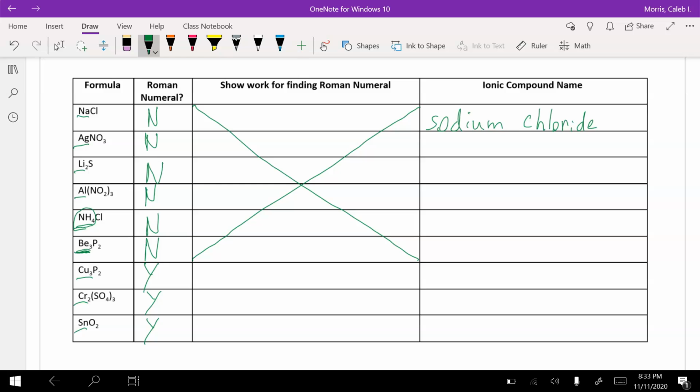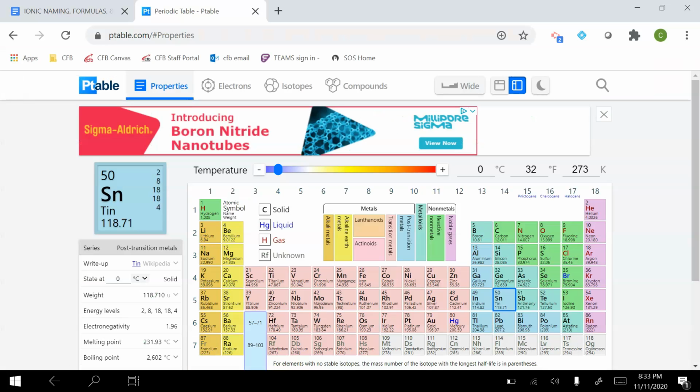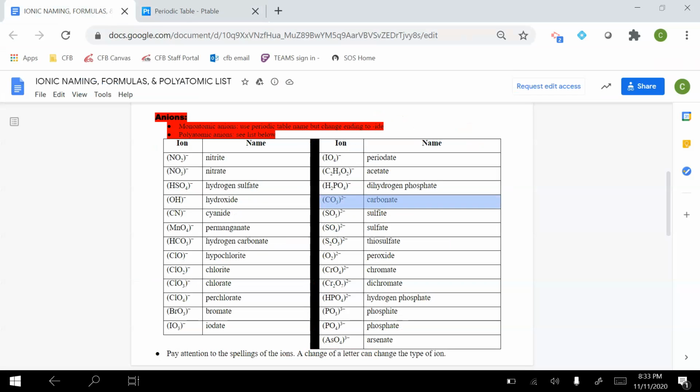Okay, I have Ag, which is silver. And then we have NO3. Okay, that's a group of atoms. It's not just one atom. It's a grouping. So that looks like a polyatomic ion. I need to check the chart, not the periodic table, but this chart over here.